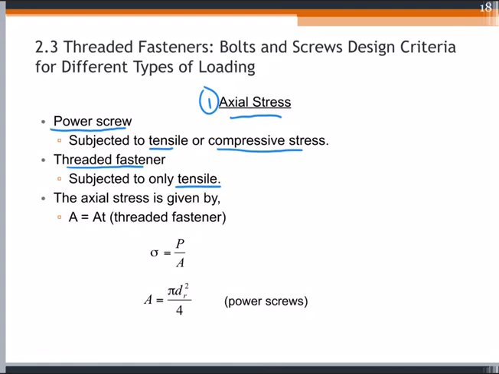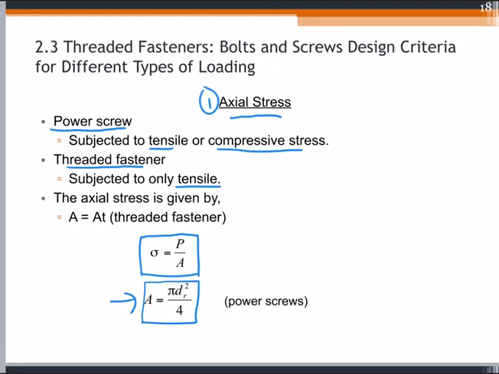The value of axial stress can be found from this formula, which is stress equal to P, load, divided by A, area. For a power screw, the area can be determined directly from the formula pi dr squared divided by 4.